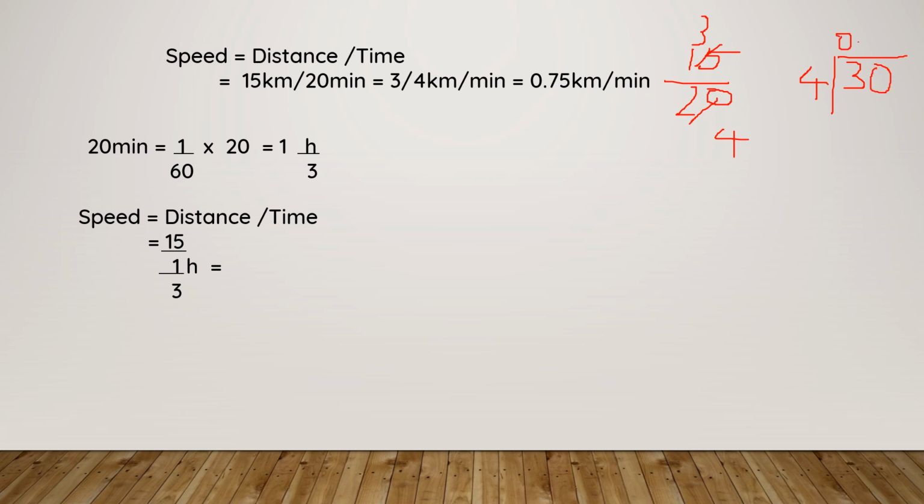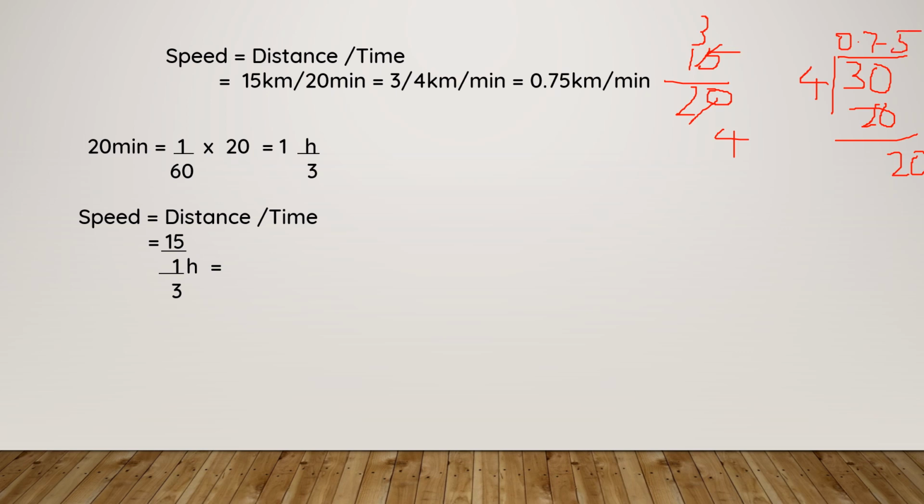So 30, 7. 7 fours are 28. Then 2, and 25. 4 fives are 20.